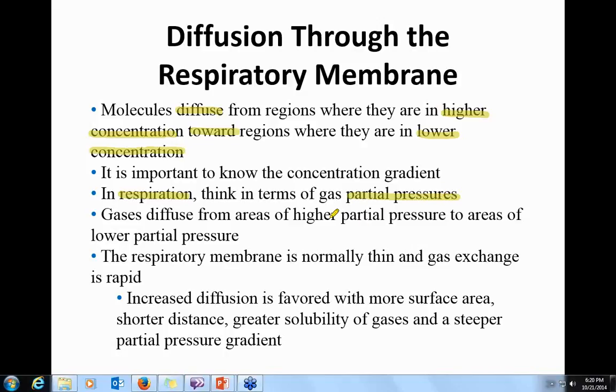So gases are going to diffuse from areas of higher partial pressure to areas of lower partial pressure. And to do that, the respiratory membrane has a couple of unique features. It is very thin, and it also helps gas exchange occur rapidly. So let's talk about some of the features.